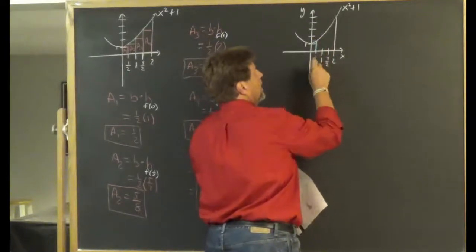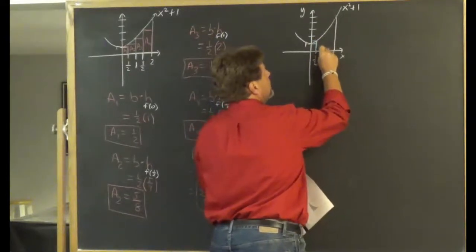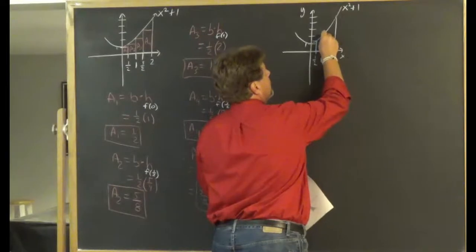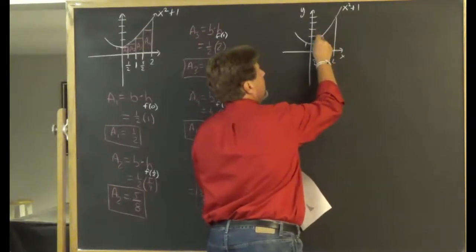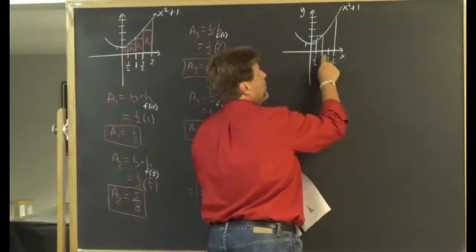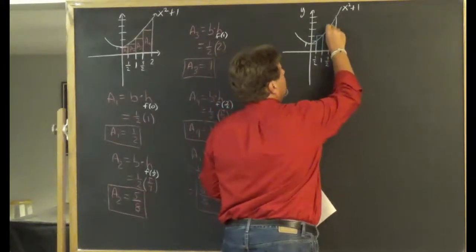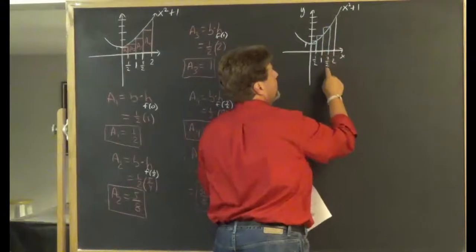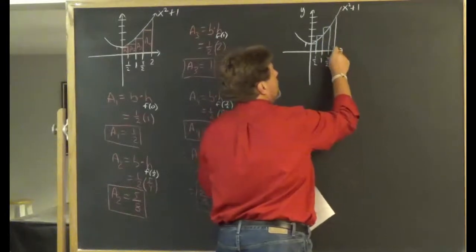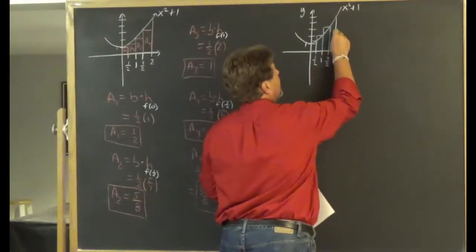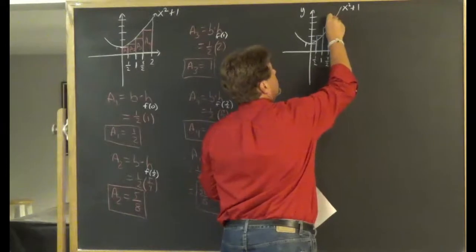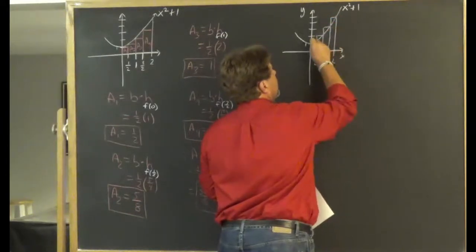The subinterval 1/2 to 1, the right endpoint. The subinterval 1 to 3/2, the right endpoint. The subinterval 3/2 to 2, I'm going to use the right endpoint of that subinterval to tell me the height.